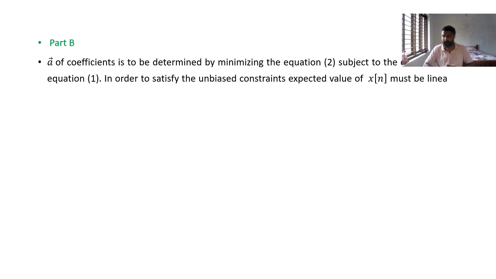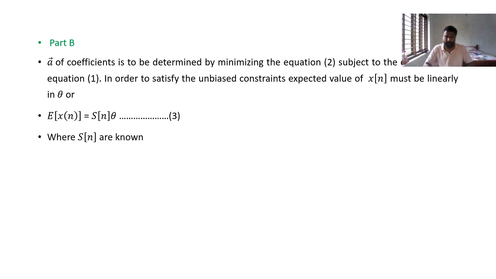I can rewrite this as the expectation of x of n is nothing but s of n times theta, where s of n are known. I call this equation 3. Is it clear to you?